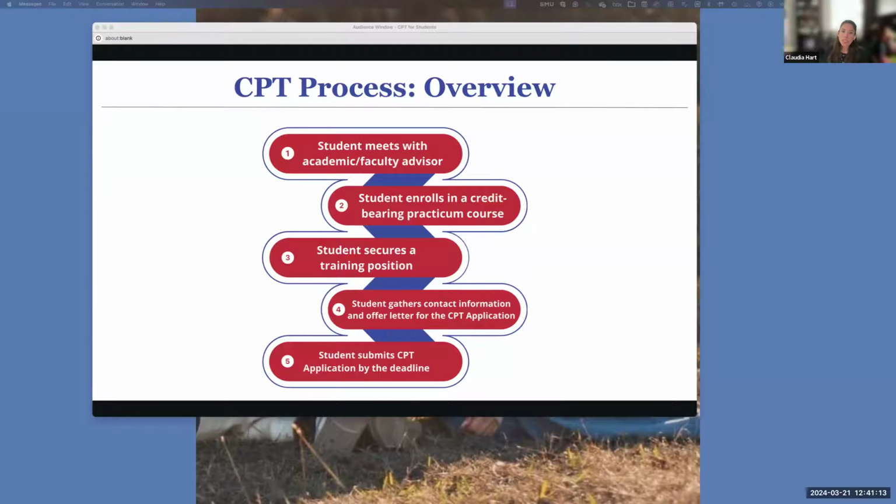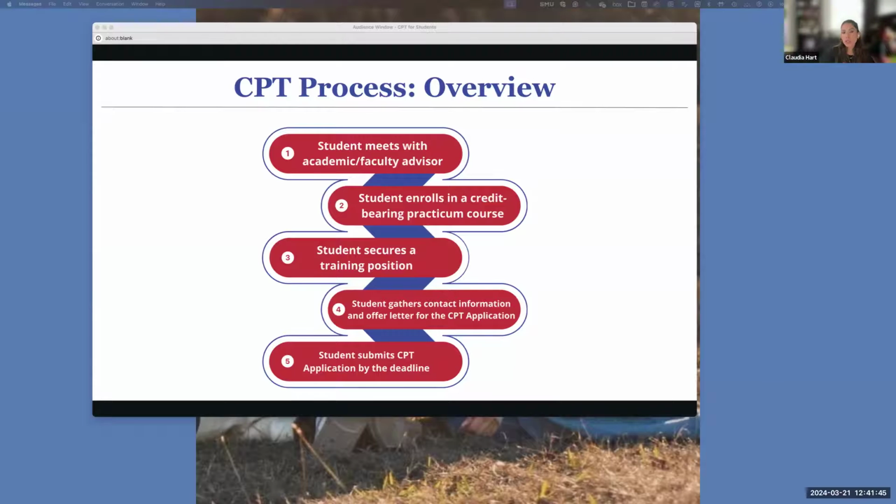For example, if you are an undergraduate student majoring in business, I would send you to talk to Barbara Morley in COGS, who will talk about the curriculum requirements. After you've talked to your academic advisor and identified that there is an internship course that counts towards your major, then you enroll for that course.